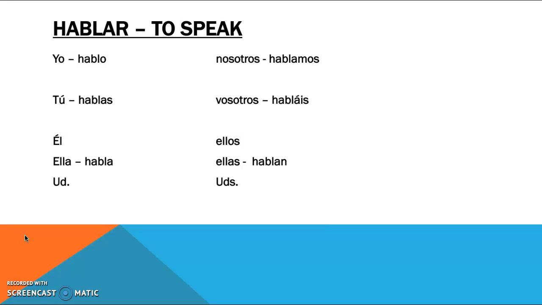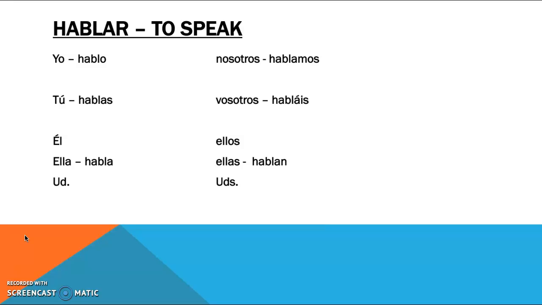So our yo form, we have our stem, which is HABL. We are going to add the letter O to the end. Yo hablo. That means I speak. The tú form, we are going to start with our stem, HABL, and we are going to add the AR ending in the tú form, which is AS. Tú hablas. You speak.